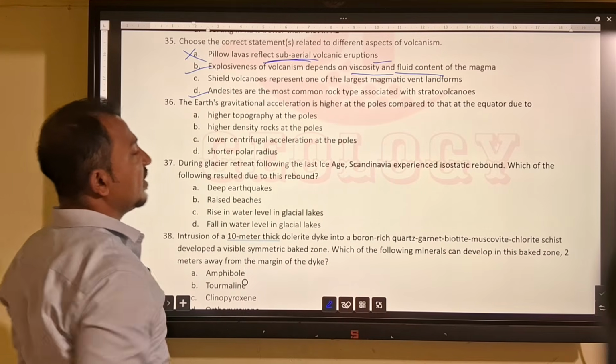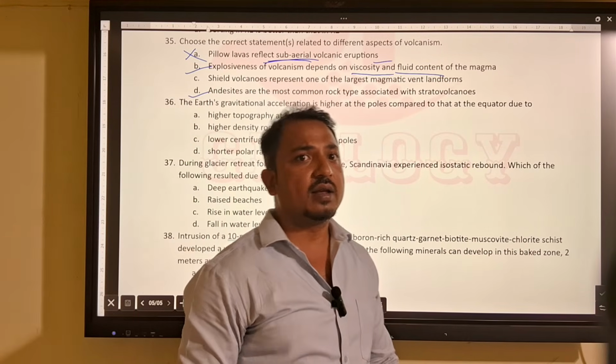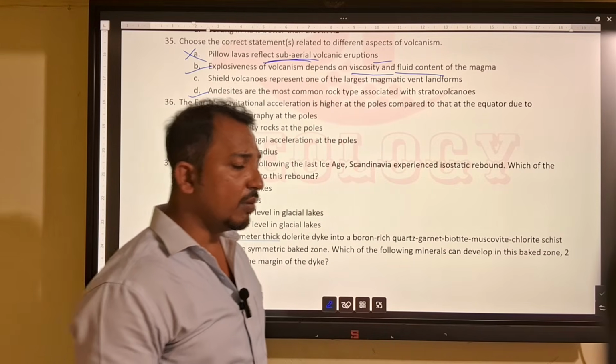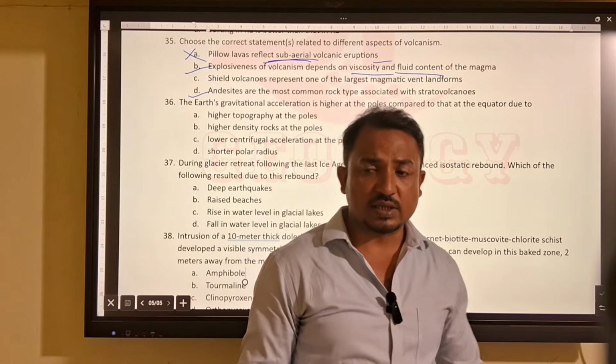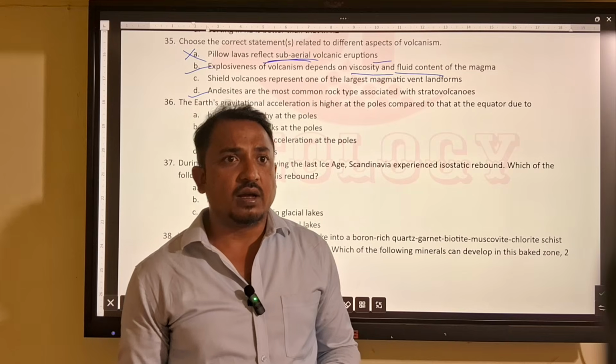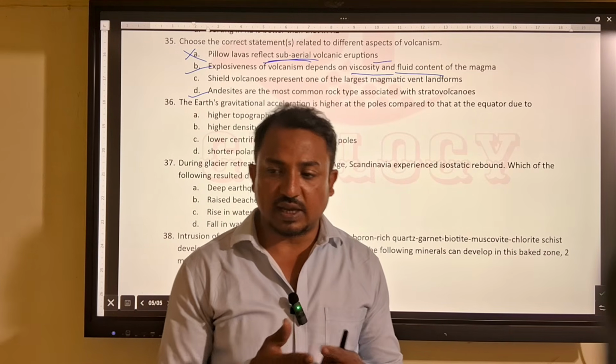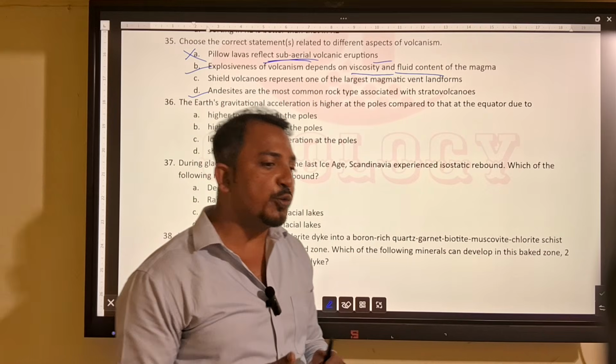Now come to the shield volcano. Shield volcanoes consist only of lava material. Lava material is more volatile, and because of this low viscosity, it can spread to a larger area.